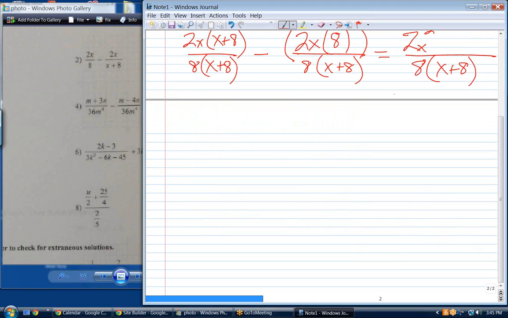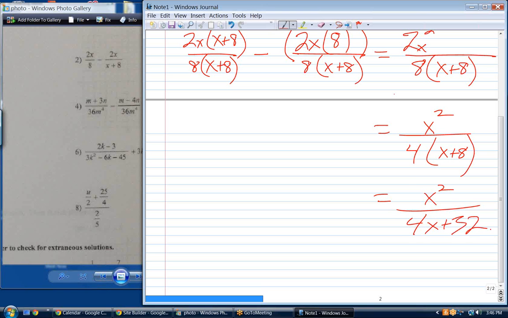So I can divide top and bottom by 2 to change this to x squared over 4 times x plus 8. And there's nothing further I can do to simplify it. Even if I distribute this 4, I end up with x squared over 4x plus 32.